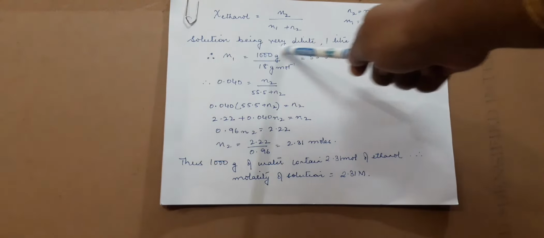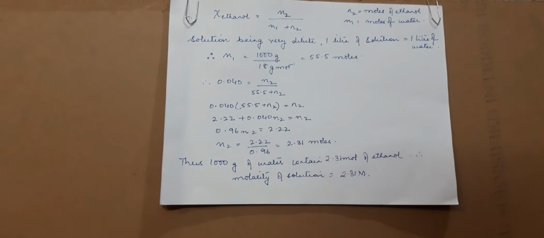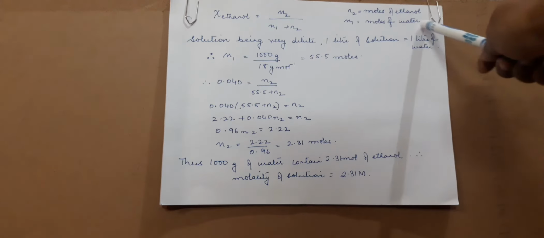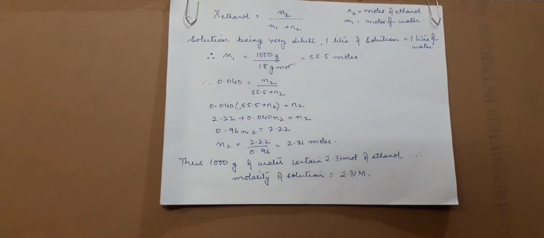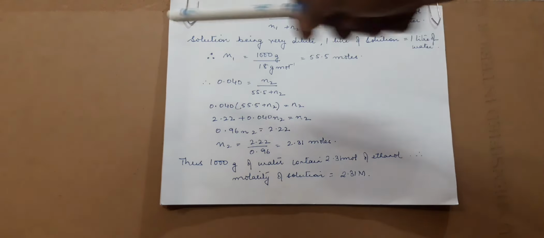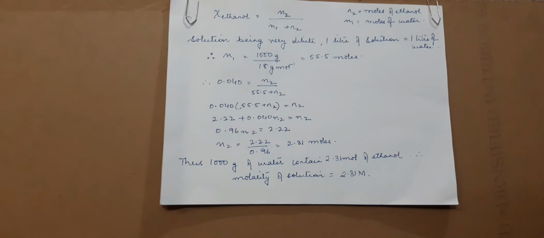So since the solution is very dilute, 1 liter of the solution is almost equal to 1 liter of water only, because the ethanol amount is very less. So if I consider it in that way, what would be the number of moles of water? The amount is given as 1000 grams. 1 liter is how much? Okay, so you have 1000 grams of water.